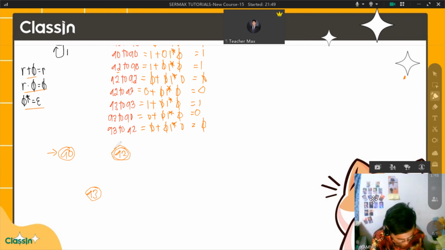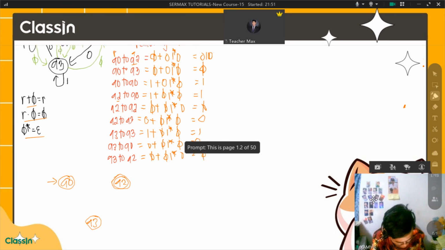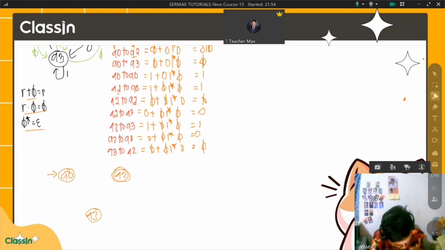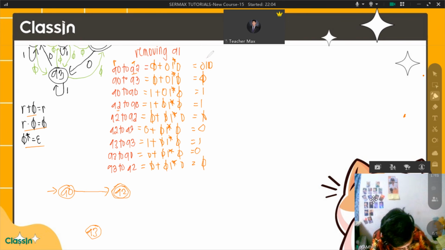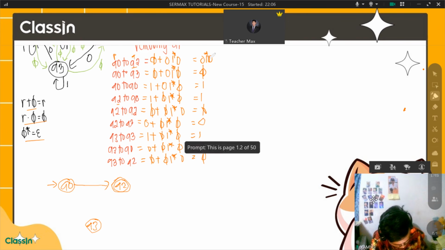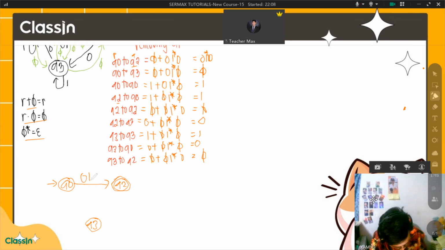And then from Q0 to Q2 is 0, 1, 0, with a clean star, 0 clean star of 0.